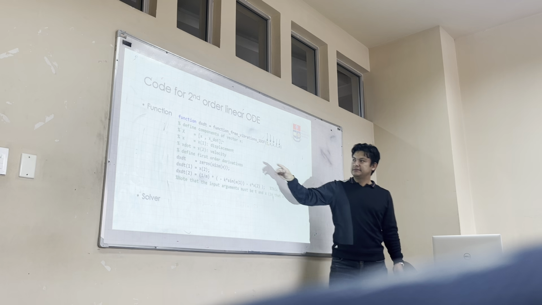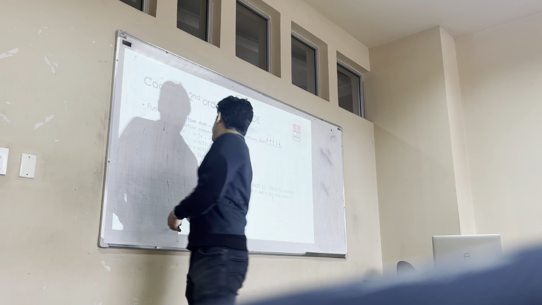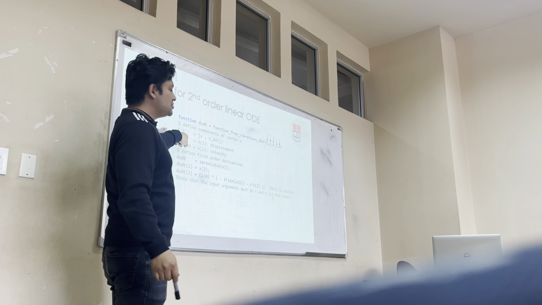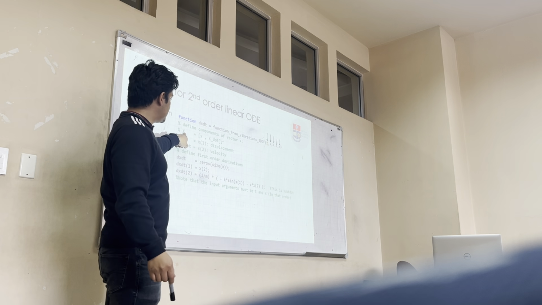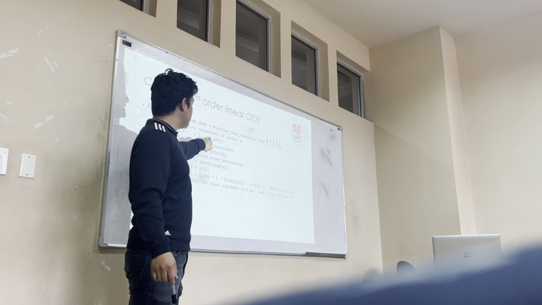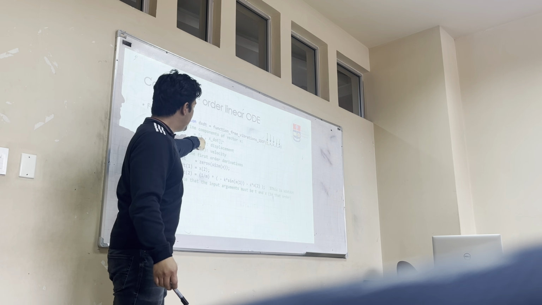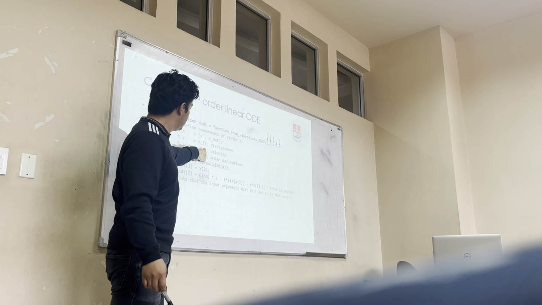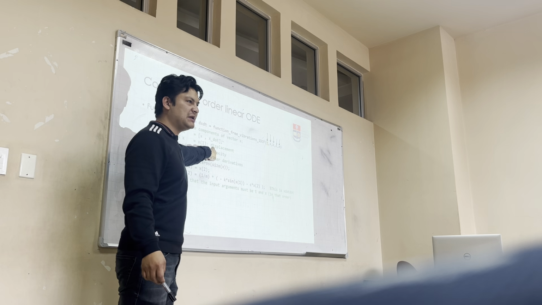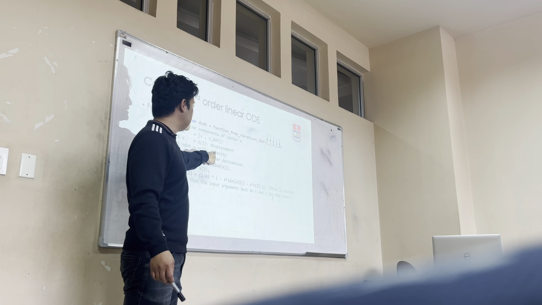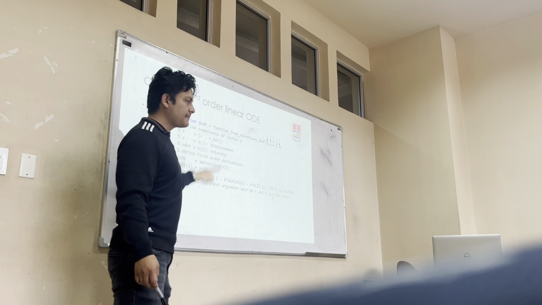Let me explain. X is going to be the solution for this. The solution for this is just going to be x and x dot. Right? The first item here, x1, you know, is displacement. The second item, x2, is velocity.